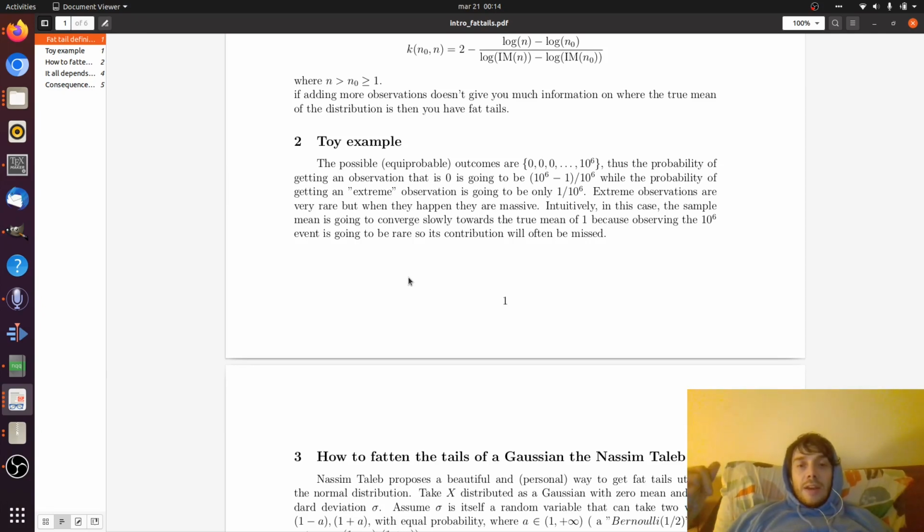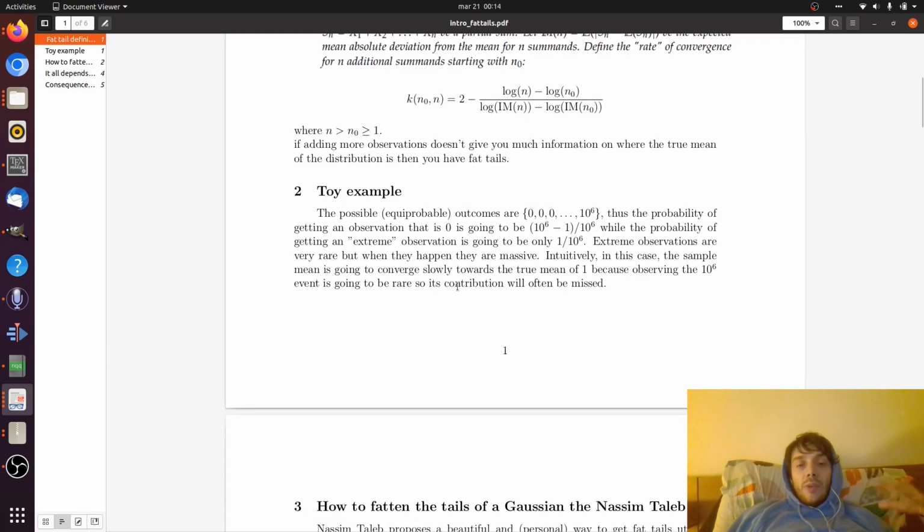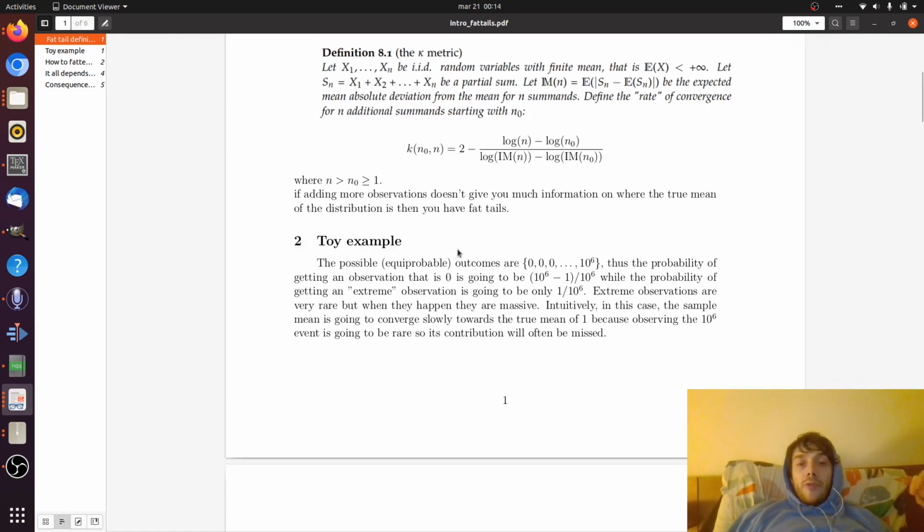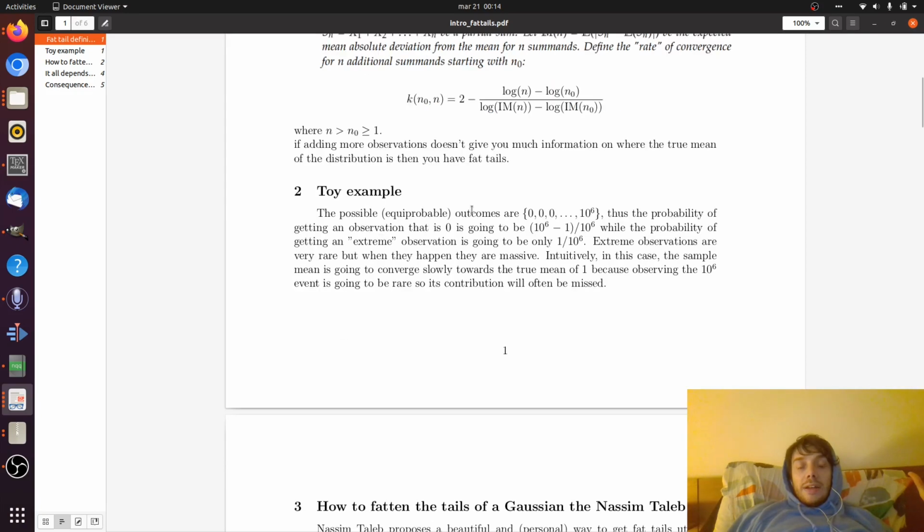Okay, so this firstly introduces this fact. And then lastly, let me just say that we can understand why this distribution is fat-tailed, other than the fact that its variance is very high, through the definition, through the K metric. So intuitively, let's say we have a sample of 10,000 observations from this toy example distribution.